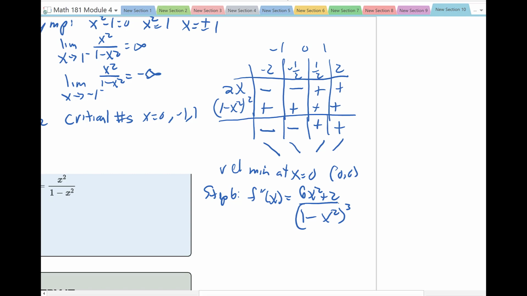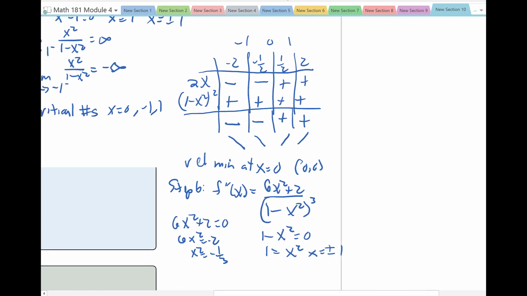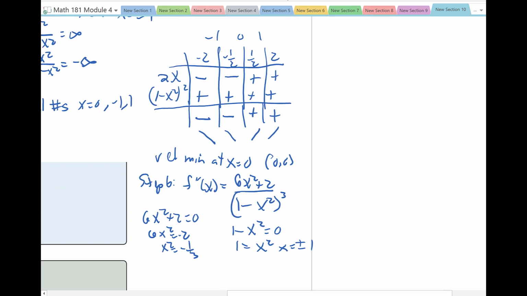And our numerator, 6x squared plus 2 equals 0. That's 6x squared equals negative 2, or x squared equals basically negative 1/3. That's not possible. So your 1 minus x squared from the denominator is where you're going to find your potential plus or minus 1 inflection points. So we look at this in the chart.